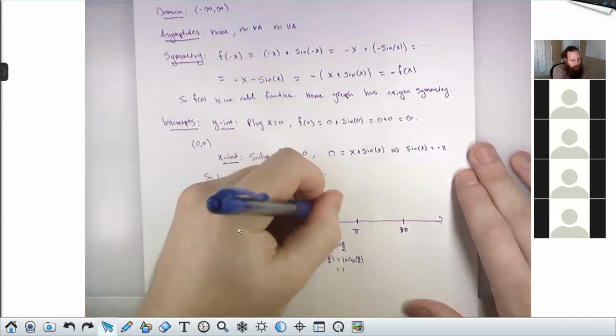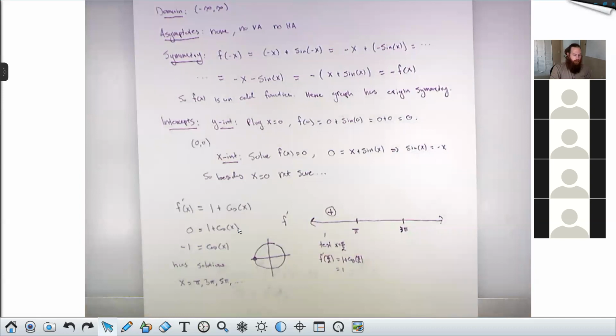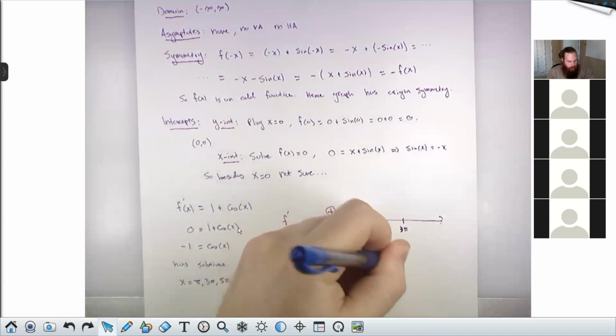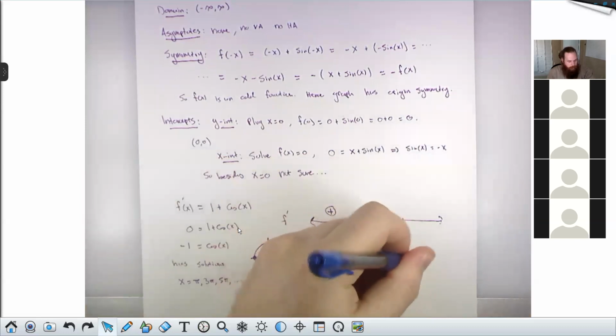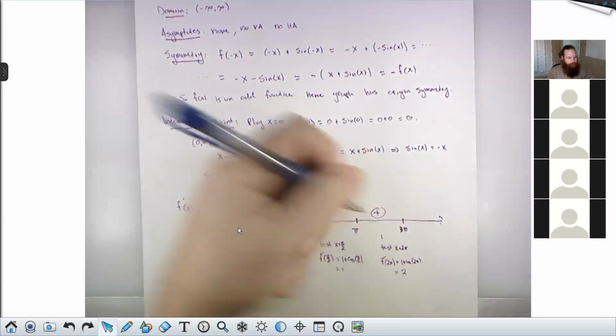In particular, it's positive. Between pi and 3 pi, I could test 2 pi. F prime of 2 pi is 1 plus the cos of 2 pi. The cos of 2 pi is 1, so this is 2. So we're positive here also.